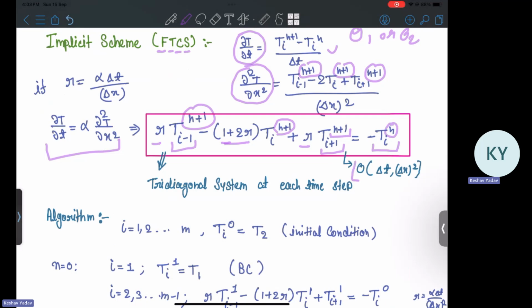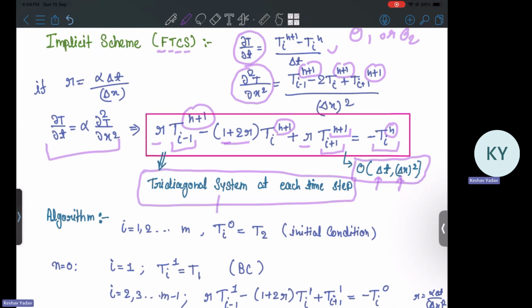So this is order of delta t in time and delta x square in space. If you see it clearly, it is nothing but a tridiagonal system at each time step. We already discussed the tridiagonal system last week. So by using the TDMA algorithm, the Thomas algorithm, we can solve it at each time step.